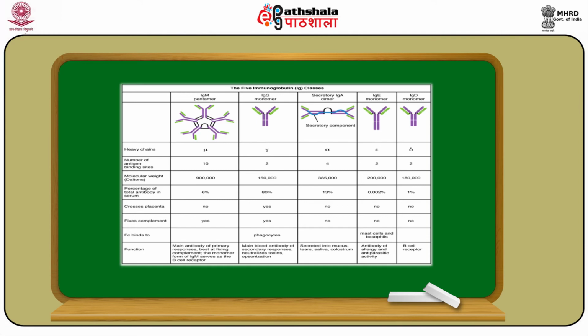IgE is just 0.002% in the secretions. It is important for allergic and parasitic infections. It has the Fc receptors for basophils and mast cells.